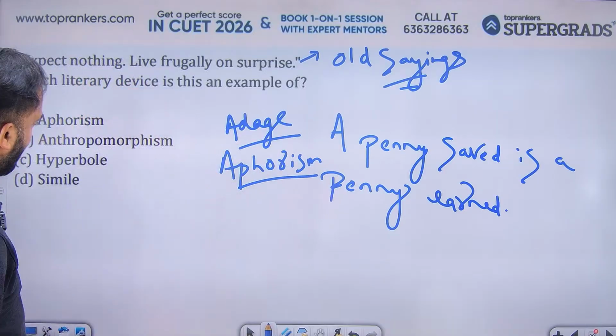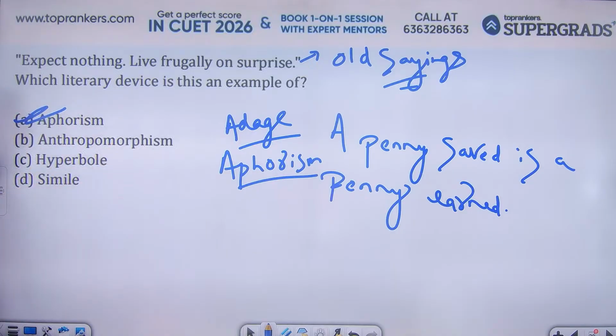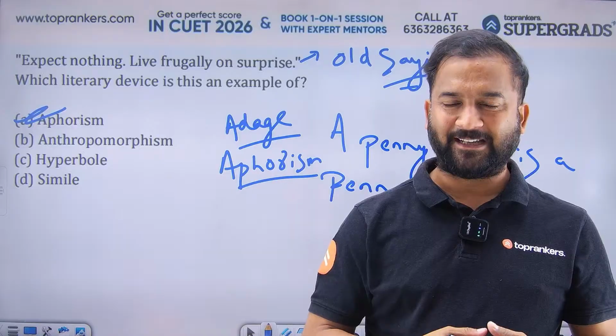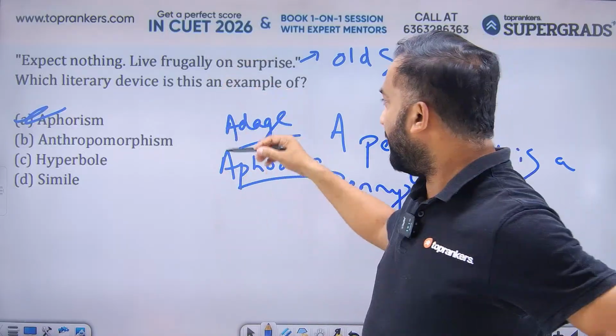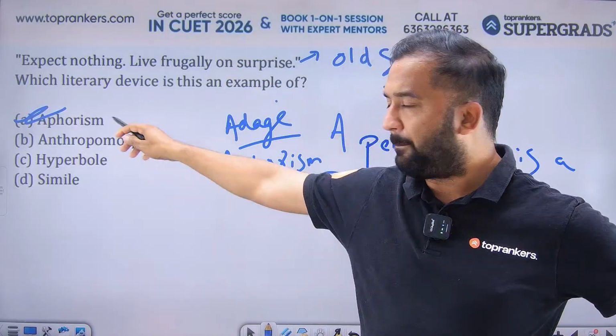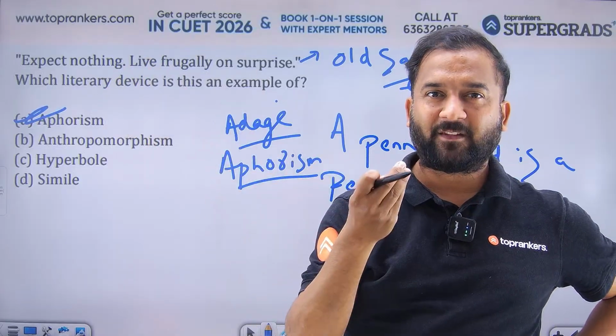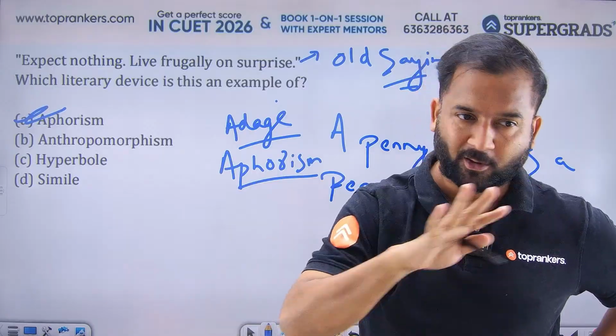Aphorism, adage. So expect nothing ये लाइफ की saying है, बहुत सारे ऐसे जो common proverbs होते हैं, common sayings होते हैं of old times, they are known as adage or aphorism. So यहाँ पे aphorism इसका correct answer है. Of course ऐसा नहीं होगा कि एक ही क्वेश्चन में ये दोनों ऑप्शन में हो, नॉट पॉसिबल.